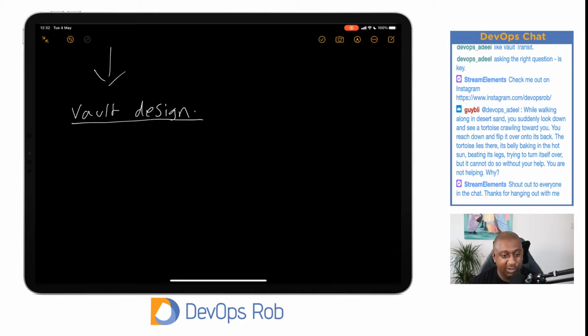You want to iterate over your designs as many times as required. You want to obtain constant feedback from the stakeholders, because you can interpret requirements as one thing, but when you start to put a design down on paper and you think you're addressing those requirements, you need to be sure that what you're doing is actually fit for purpose. So definitely documenting that and obtaining constant feedback is key, right?